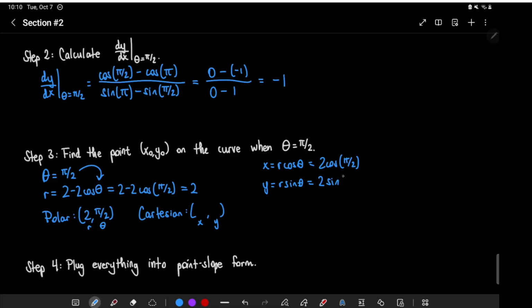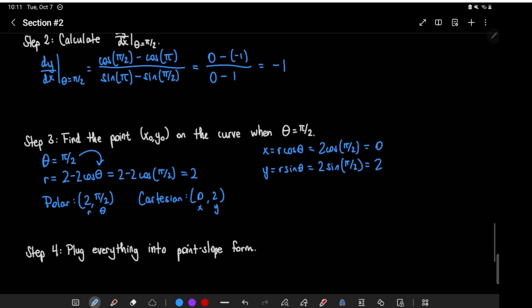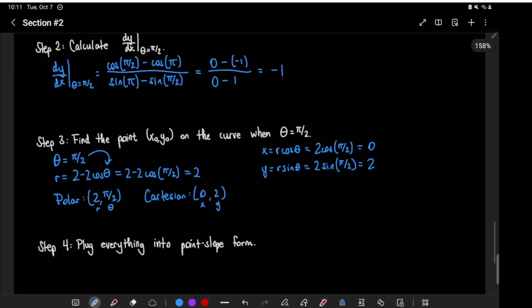Similarly, y is r sine theta, so I just plug r and theta in. Cosine of pi over 2, again, that's 0. Sine of pi over 2 is 1. So our point should be 0, comma 2. That should be basically all we need.